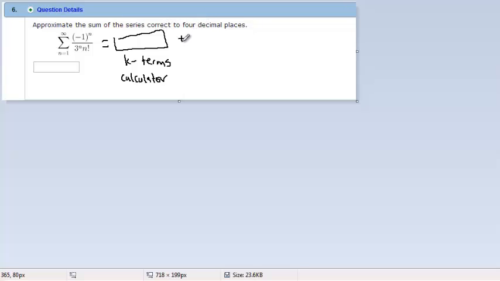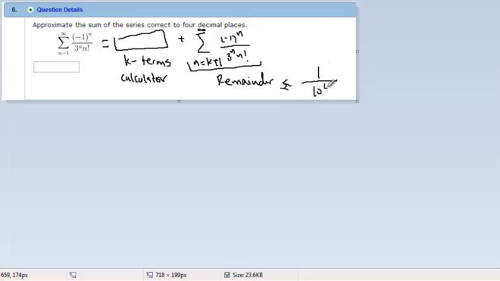Which means I want to make this remainder, which is summation from k plus 1 up to infinity of negative 1 to power n divided by 3 to the power n times n factorial, I want to keep this remainder term less than 1 over 10 to the power 4, right?